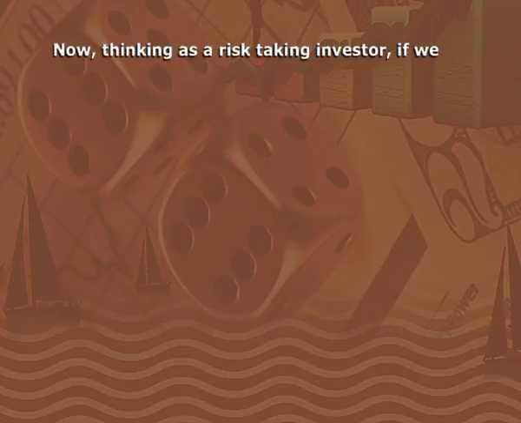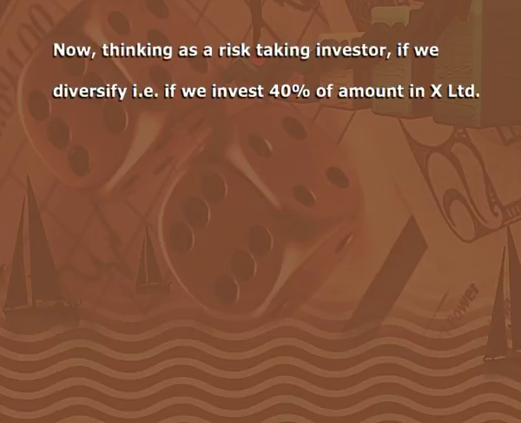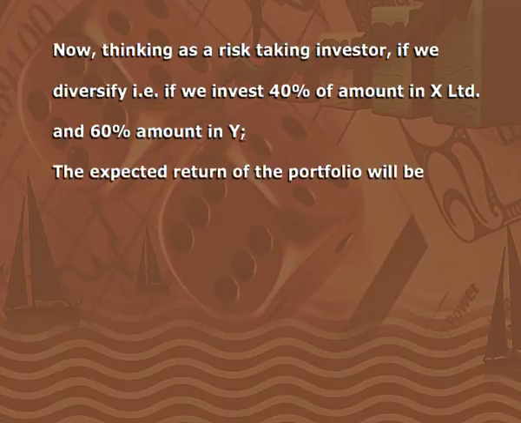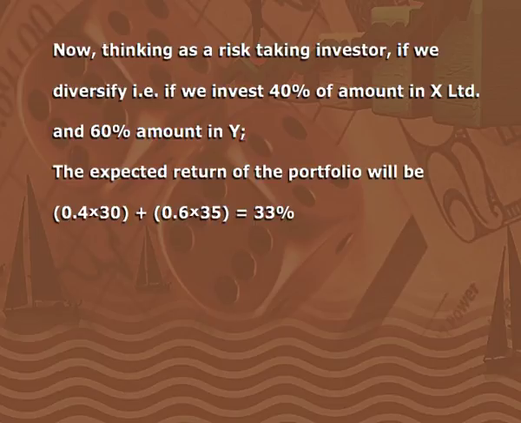Now, thinking as a risk-taking investor, if we diversify, that is, if we invest 40% of the amount in X Limited and 60% in Y Limited, the expected return of the portfolio will be 0.4 multiplied by 30 plus 0.6 multiplied by 35, which is equal to 33%.